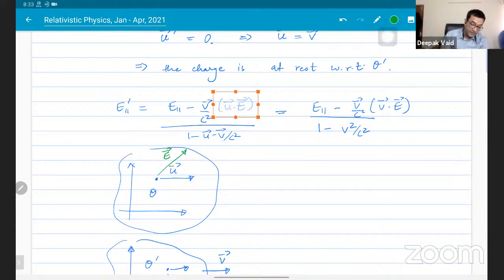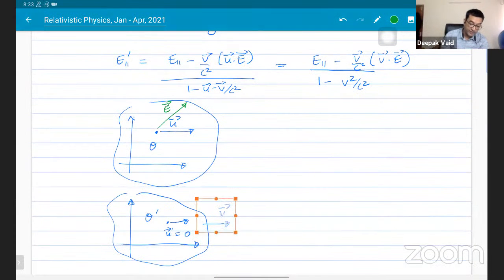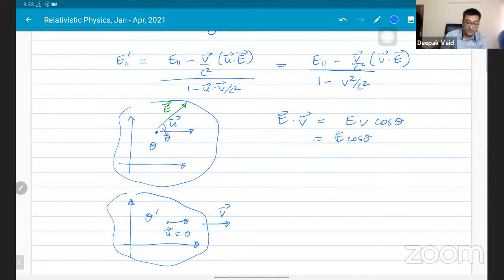And in this expression, we have E dot U. E dot U is equal to E dot V. So what is E dot V? E dot V is equal to E times V times cosine theta, where theta is the angle between the velocity vector and E. This is equal to E cosine theta times V. E cosine theta is what?